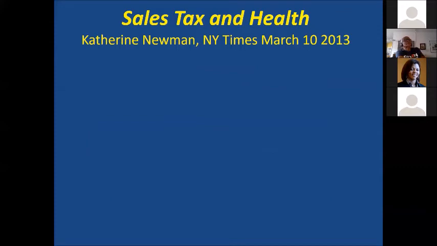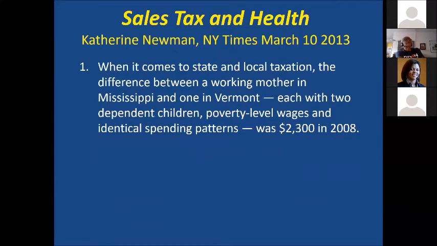There was an article a few years ago about sales tax and health, and it turns out that if you look at state and local taxation, a state that claims to have no income tax, in fact, ends up having a lot of tax on poor people through sales tax, whereas a state like Vermont has much less.